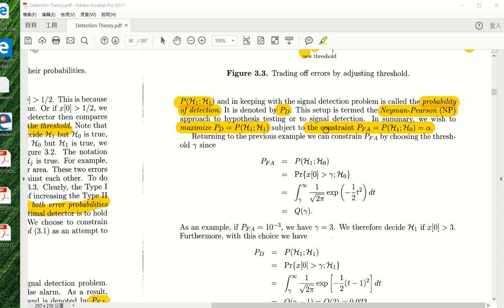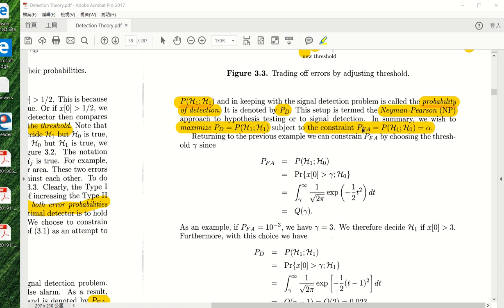Think about this: PFA is an error, and of course, we always like to have small errors.